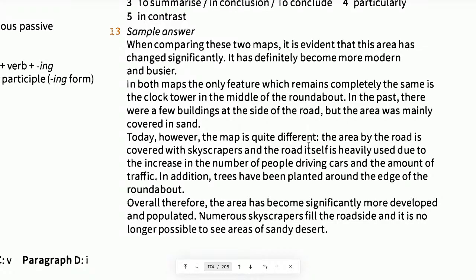You can do like that, okay? You put something like we have today, and then you use a comma and then however and then a comma. Or you can even say the map, comma, however, comma, is quite different, something like that, okay? So that's another way of using the word however, not just putting it at the beginning of the sentence.